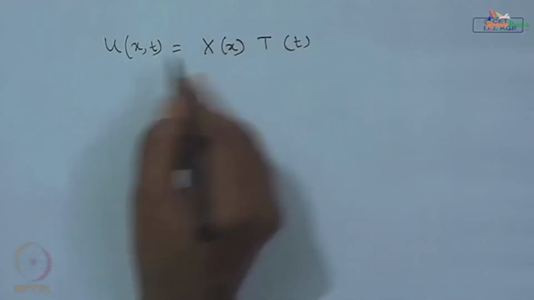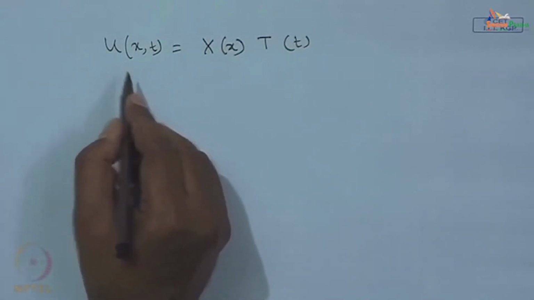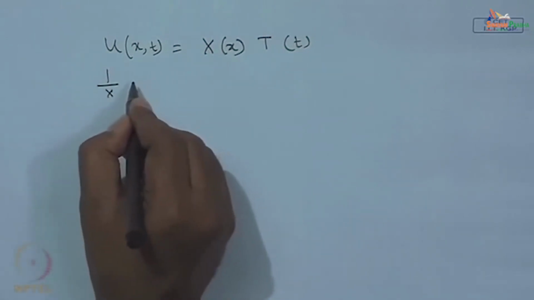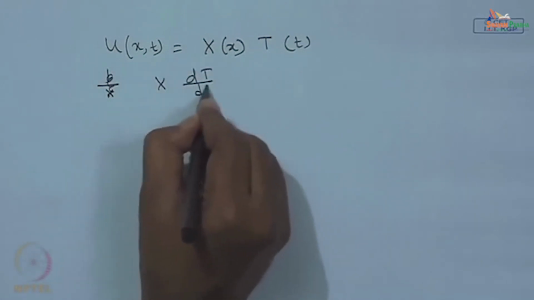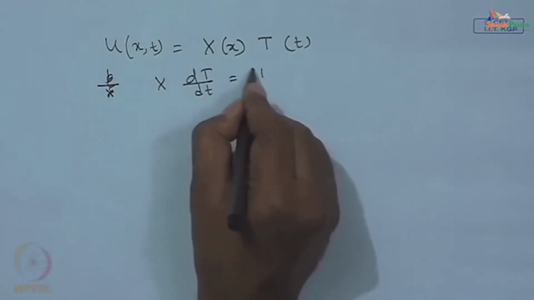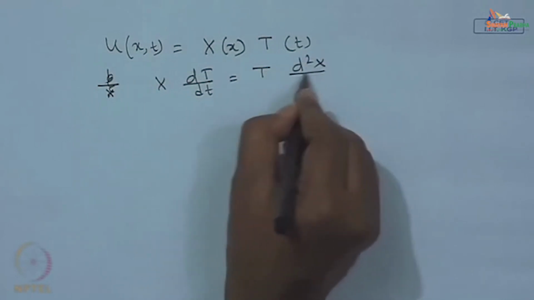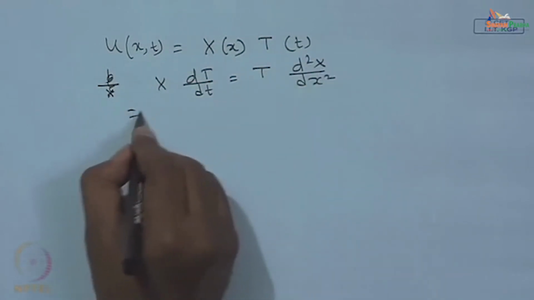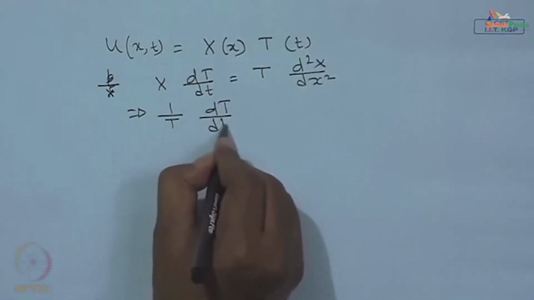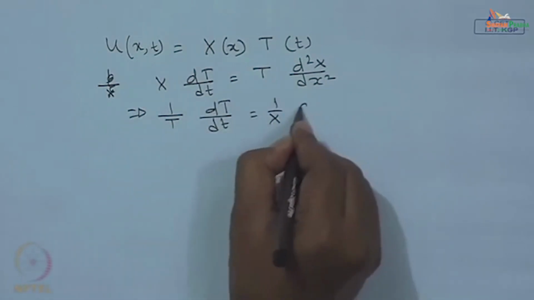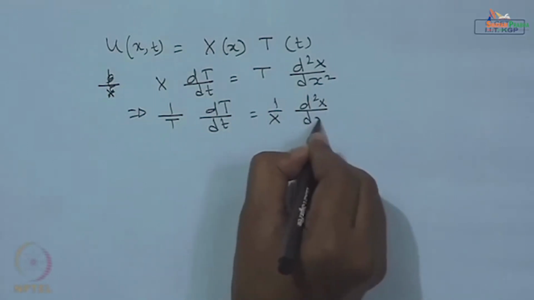If you substitute in the governing equation, this becomes X dT/dt is equal to T d square X/dx square. So, this becomes 1 over T dT/dt is equal to 1 over X d square X/dx square.